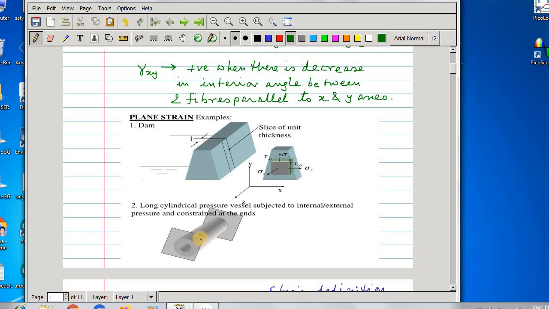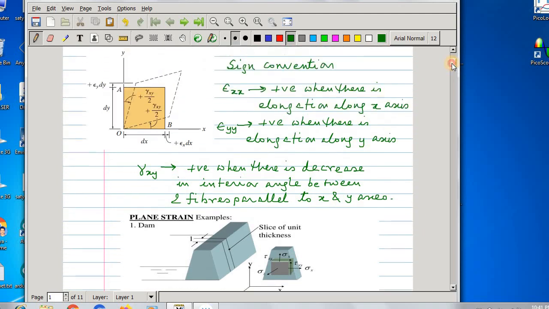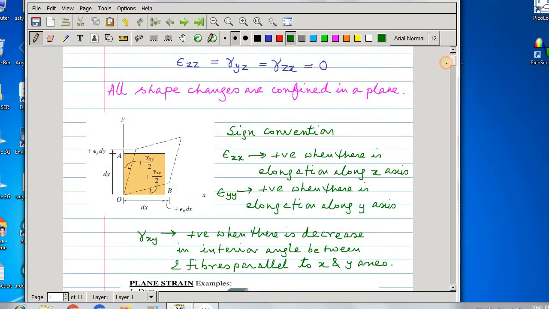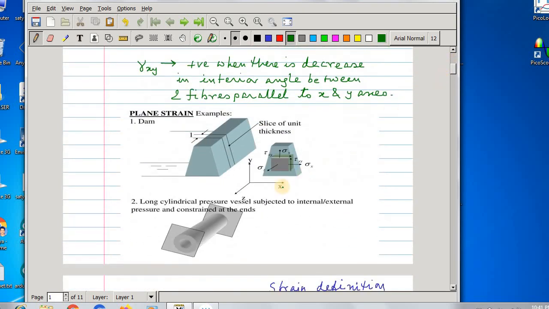That means at each cross section we assume a similar shape of deformation, similar shape change, at each cross section, at least a little away from the ends. So in this case we use the simplifying plane strain assumption.